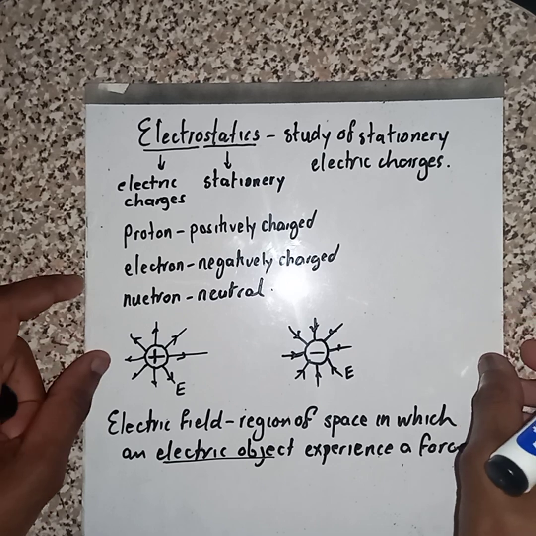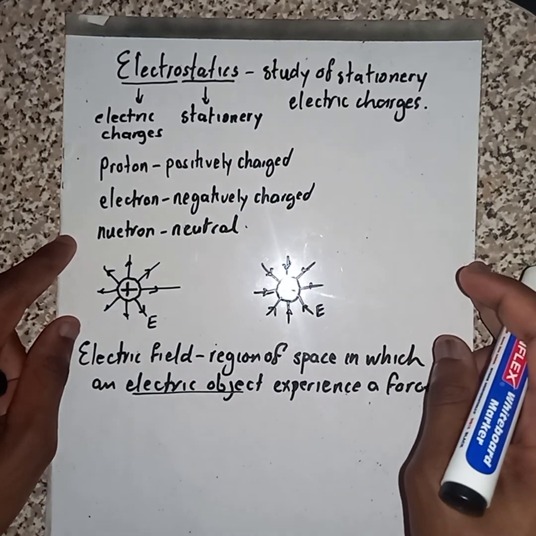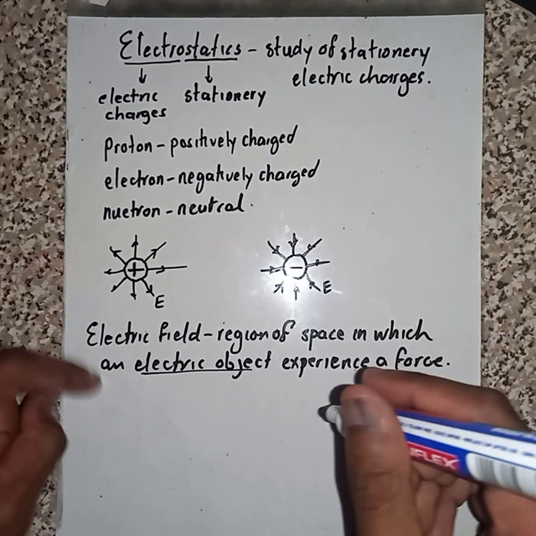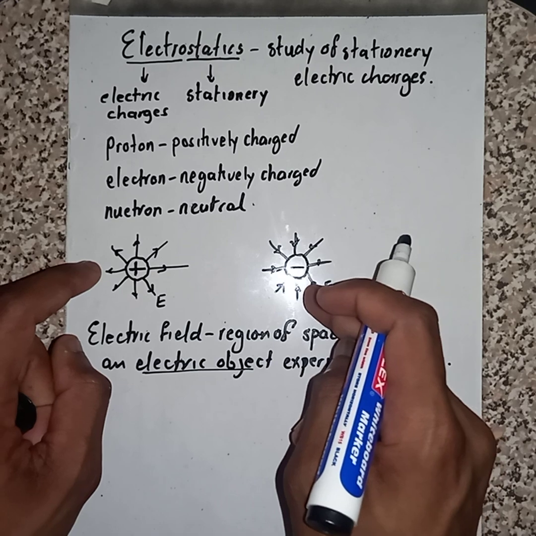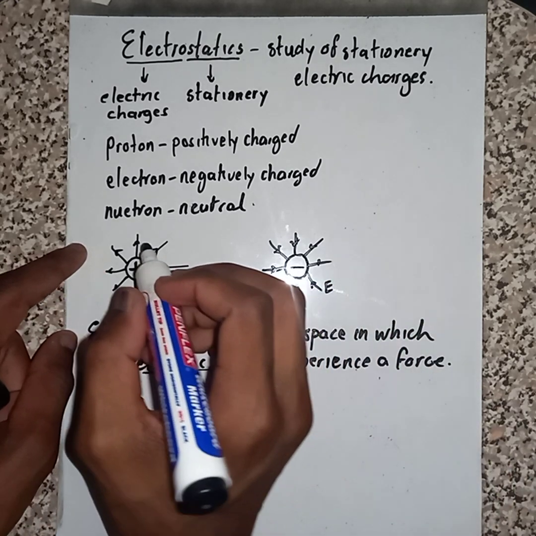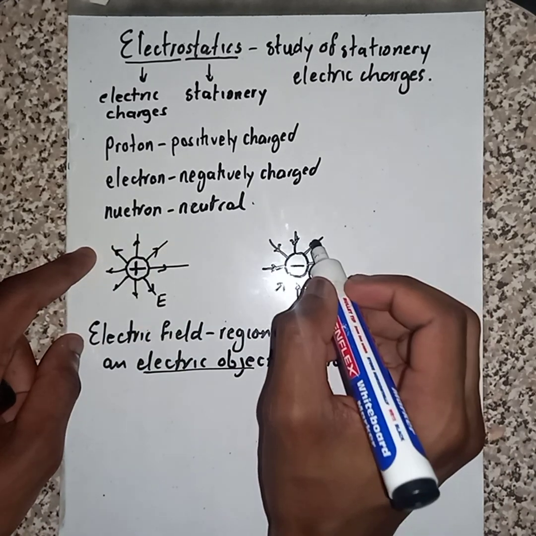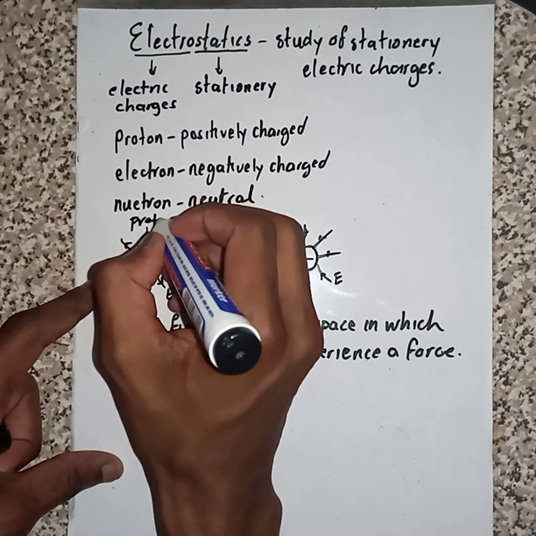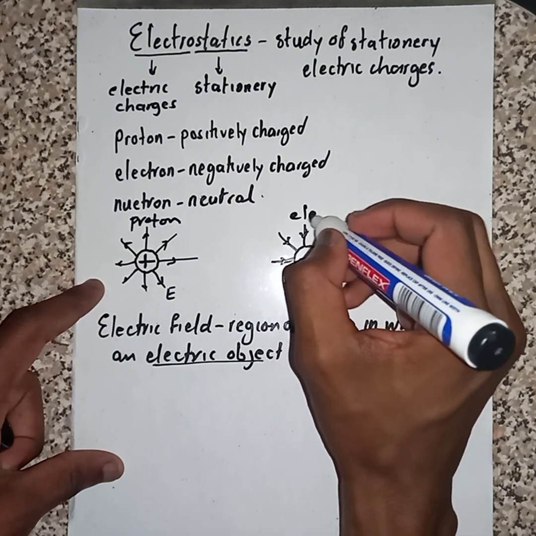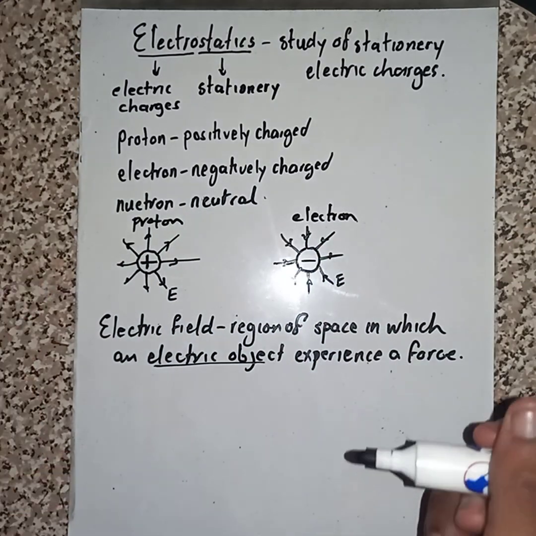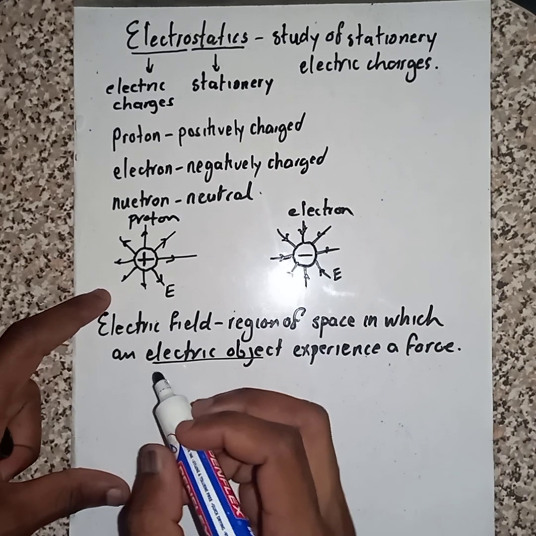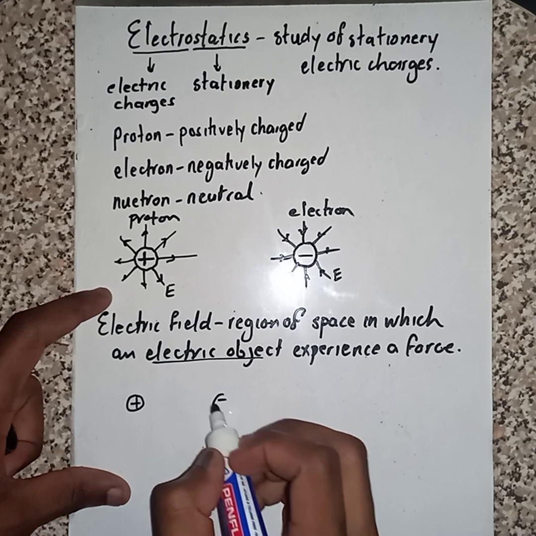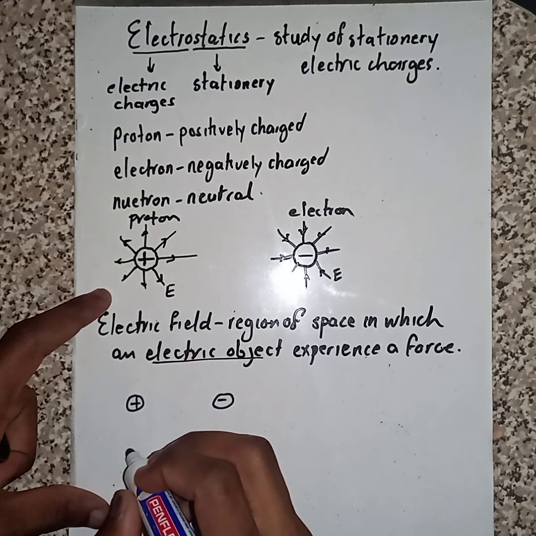What I'm going to do at this point is consider two unlike charges. Let us take a positive together with a negative. This one is a proton, this one is an electron.